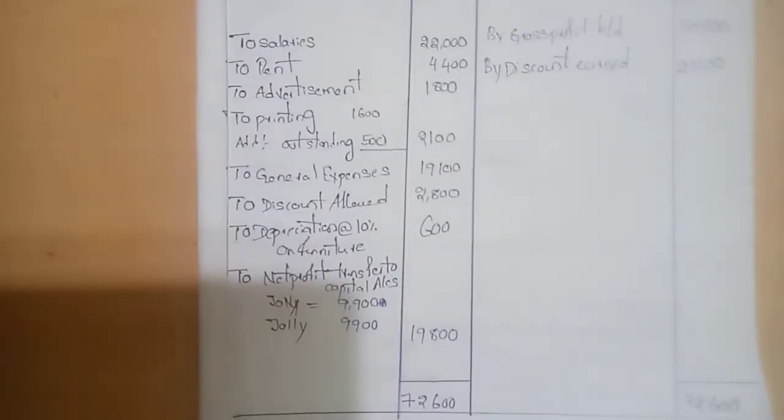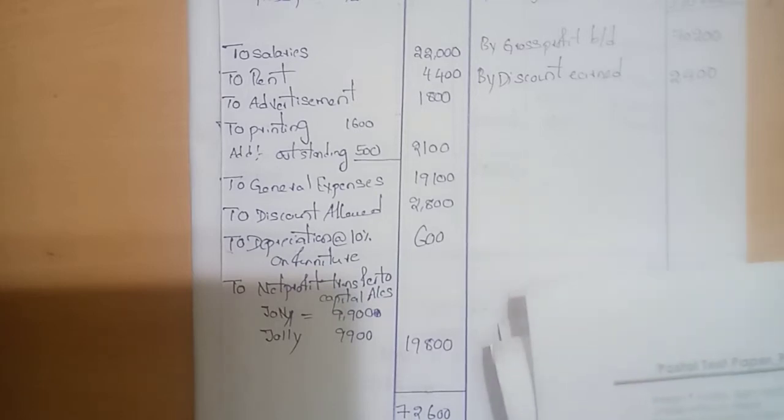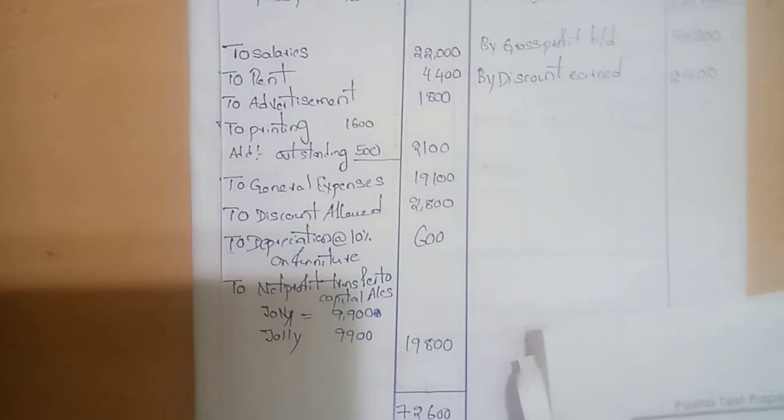So sundry debtors answer will be like this: credit purchases, sundry creditors, payments to creditors 2,24,000, payment to trade creditors. So here it is 24,600.